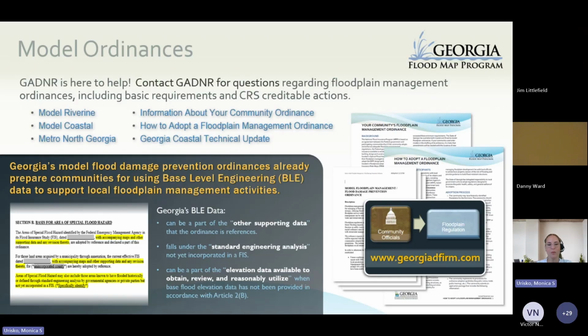However, if you want to revise your ordinance, the DNR staff could support you, and we will have contact information at the end of these presentations, so you can reach out to them and work on your ordinance or ask for advice on whether what you have so far is conducive to adopting this BLE as best available data where you have Zone As. Remember, this is for where you have Zone As.